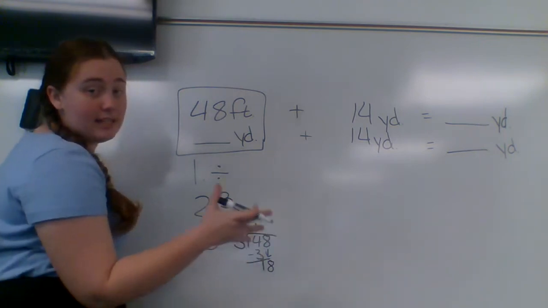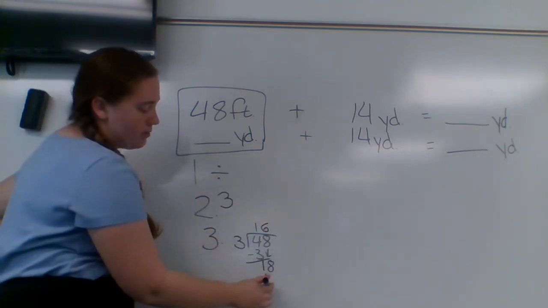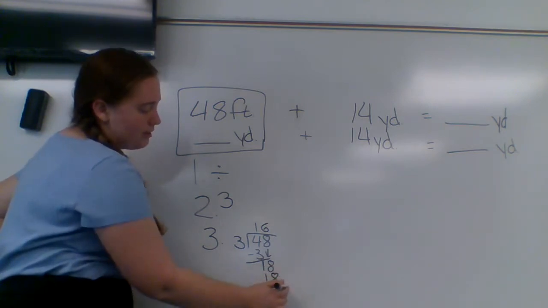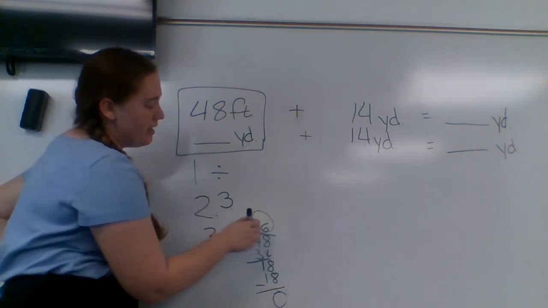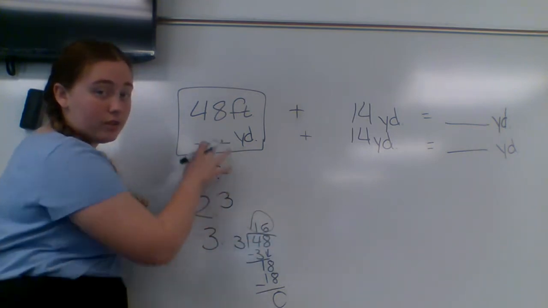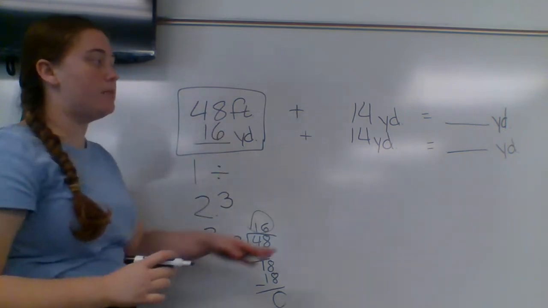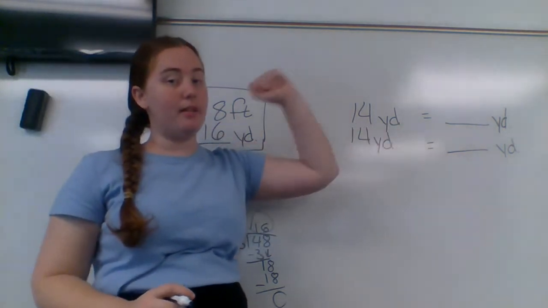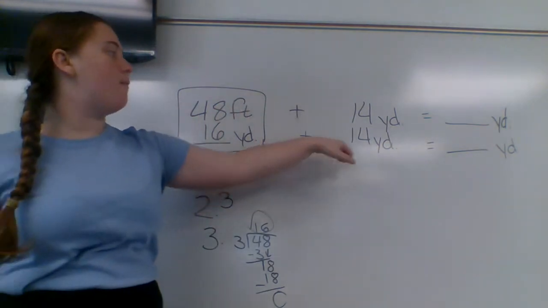3 will go into 18 6 times. So I have 6 right there. 6 times 3 is 18. Subtract, 18 minus 18 is 0. So 16 is going to be my answer for this box. So I'm going to put 16 right there. And I'm not going to put 16 over there in that blank because I have 16 yards plus 14 yards.